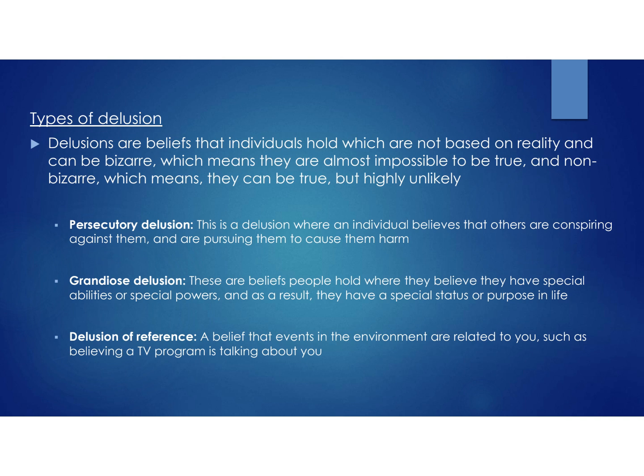So there are three types of delusions that are in your syllabus. Persecutory delusions are perhaps the most common that people with schizophrenia experience. This is a delusion where an individual believes that others are conspiring against them and are pursuing them to cause them harm. So if you ever met someone with schizophrenia, you might notice this erratic behavior of theirs, where they feel that there's someone who wants to harm them or some people who want to harm them.